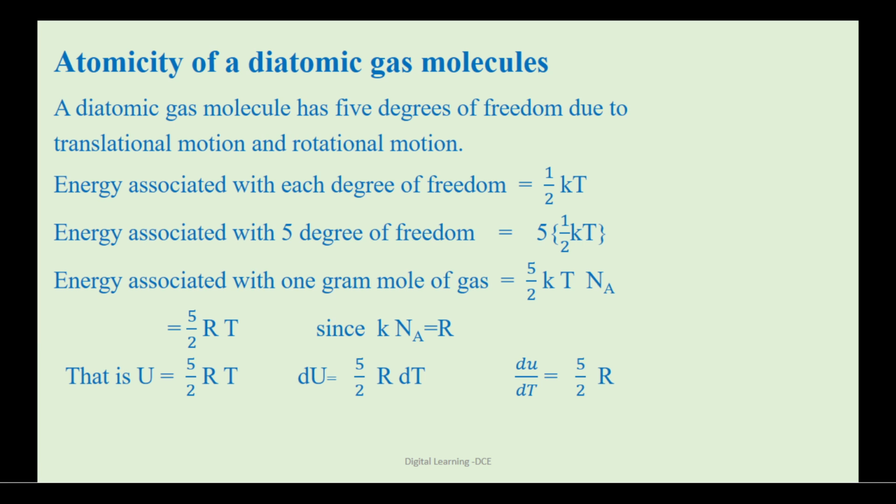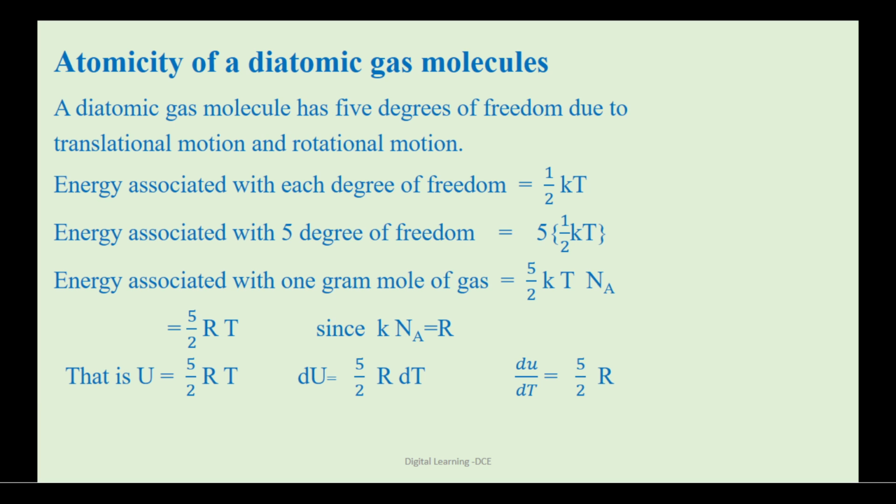On substituting k times Na as R, we get the energy associated with 1 gram mole of a gas equal to 5 by 2 RT. It is represented by the letter U, that is U is equal to 5 by 2 RT.